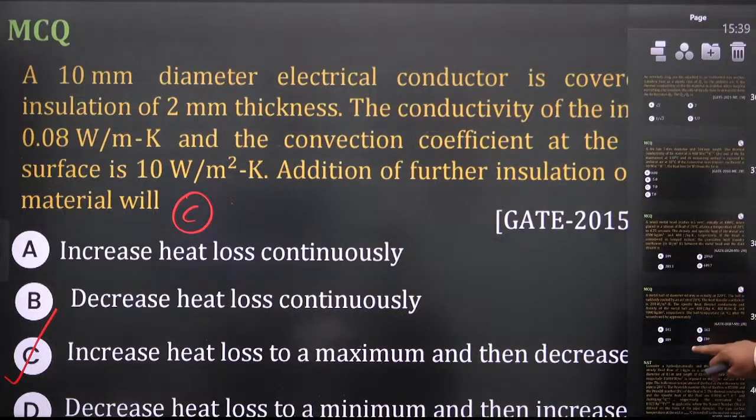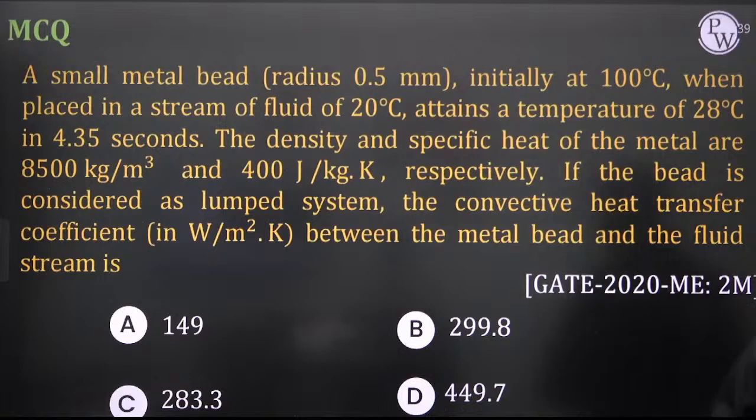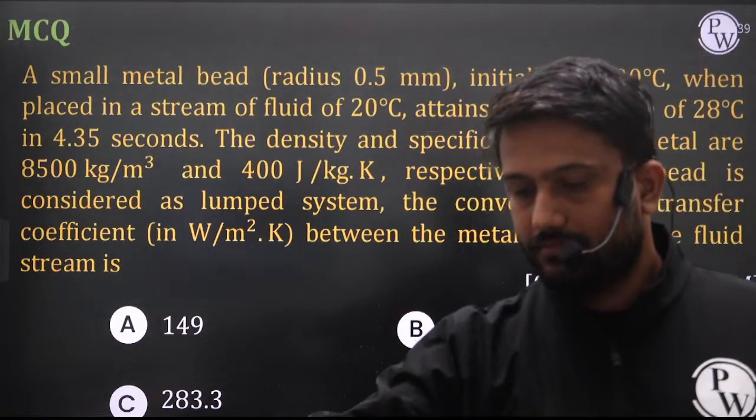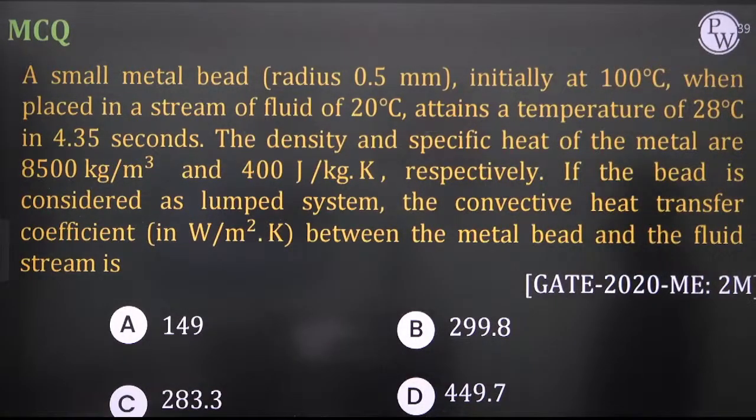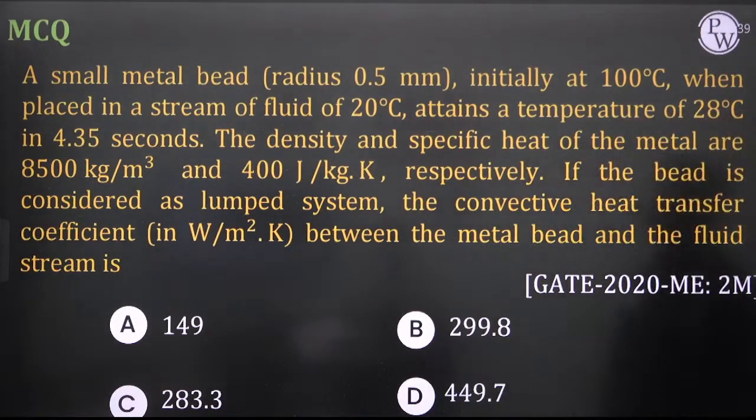Now see the next question. A small metal bead, radius 0.5 mm, initially at 100 degrees Celsius, when placed in a stream of fluid at 20 degrees Celsius, attains a temperature of 28 degrees Celsius in 4.35 seconds.